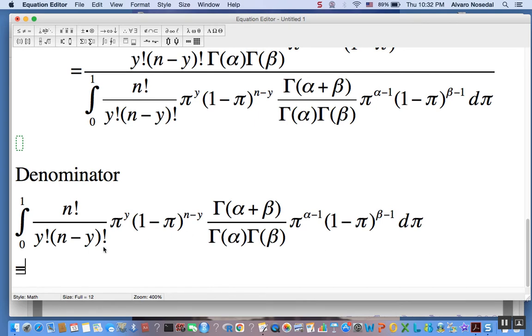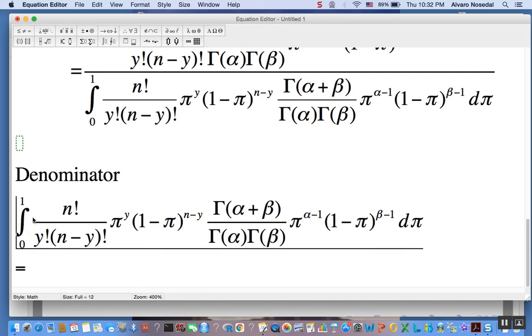So, first step, let's use the fact that what we have here is a constant with respect to pi. Since we're integrating with respect to pi, these guys could be outside that integral, right?